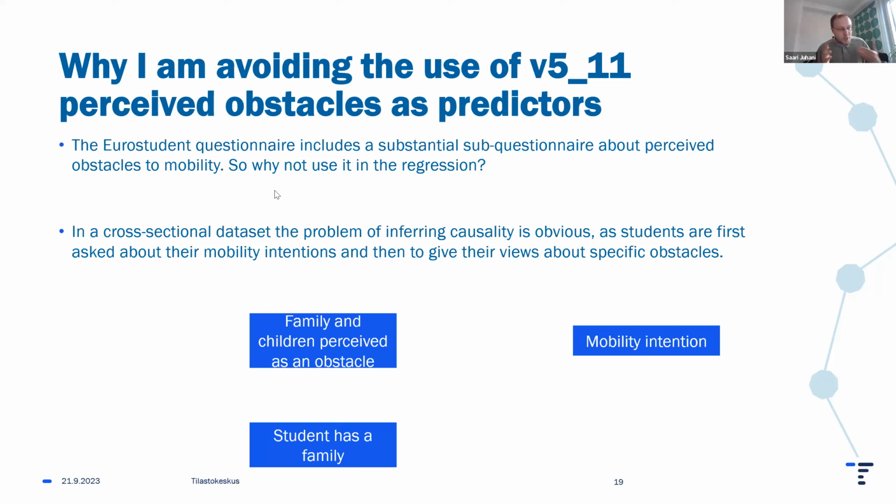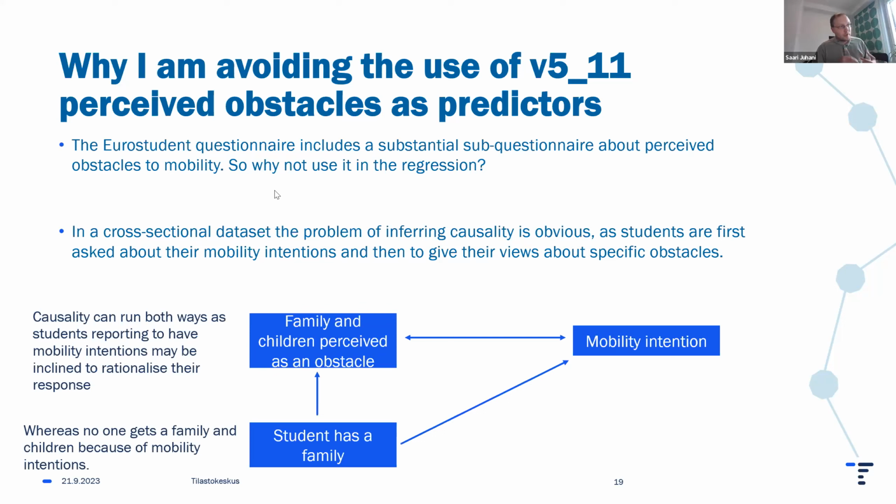And the way to visualize this is that when we have our target variable as the mobility intention of students, and then a factor of interest might be, well, family and childcare being perceived as an obstacle to studies.